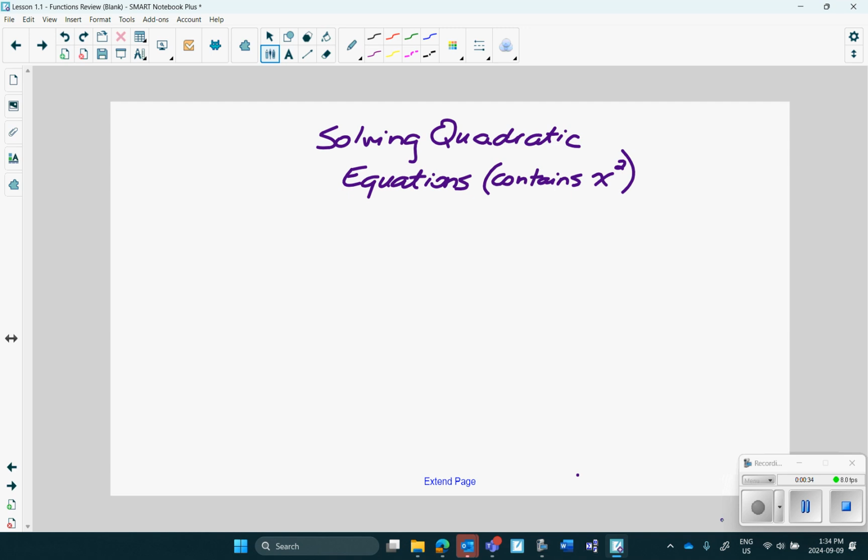We could take the positive and negative square root. We could factor, or if we couldn't factor, then we had to go to the quadratic formula. We're not really going to focus on the quadratic formula. We're going to focus mostly on solving these things by factoring. Okay?